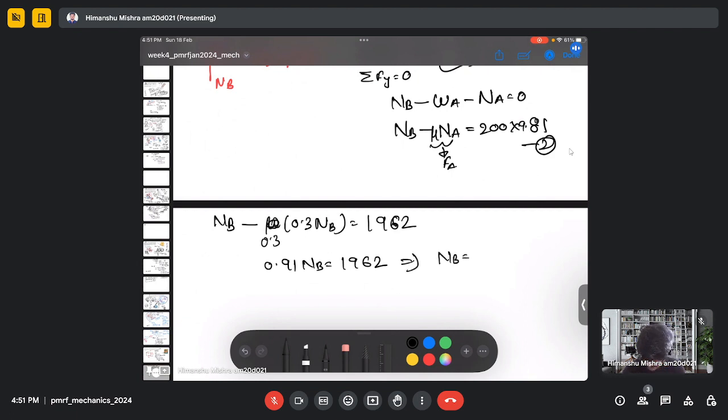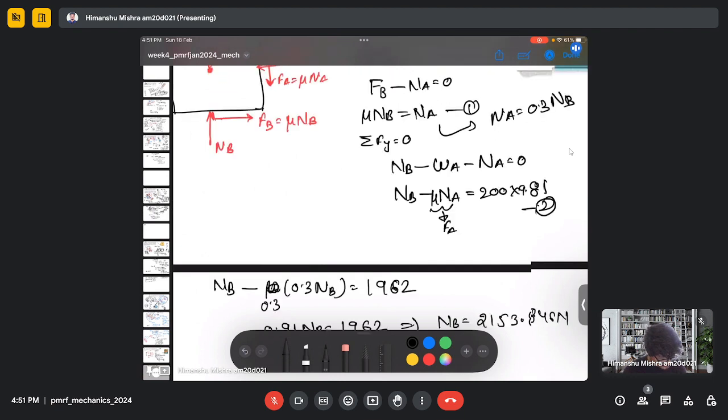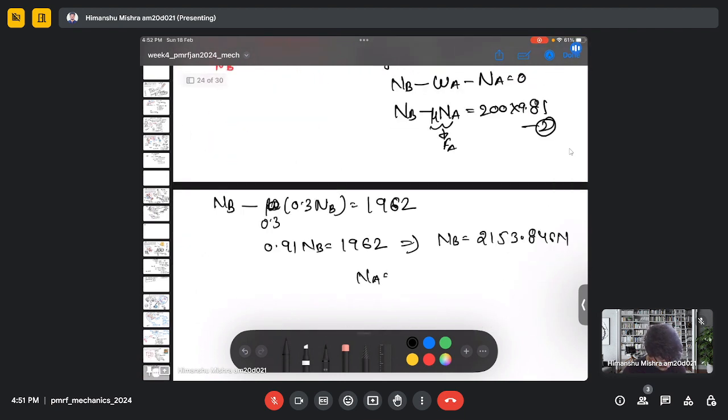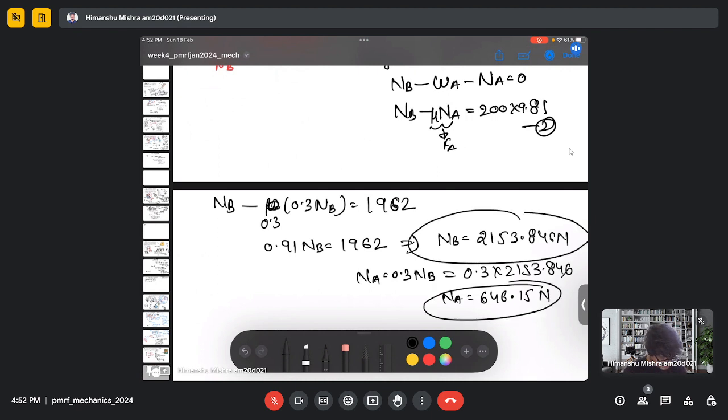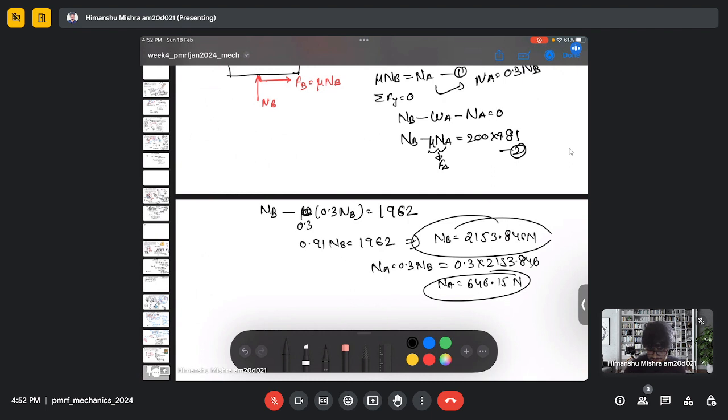So my NB will be 2153.86 Newton. And from equation 1, I have NA equals 0.3 NB. So it will be 0.3 times 2153.846. So NA will be 646.15 Newton. So this is my NA and this is my NB.